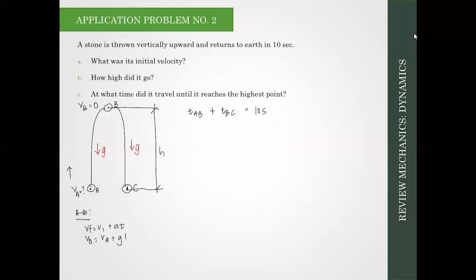Then yung A natin is yung gravity and then T, tawagin kong TAB. Okay? So velocity natin will be 0. This will be yung unknown natin. Then anong value ni gravity? Since downward si gravity, so kinuha natin as positive si velocity na upward. So downward si gravity, so gawin natin negative.